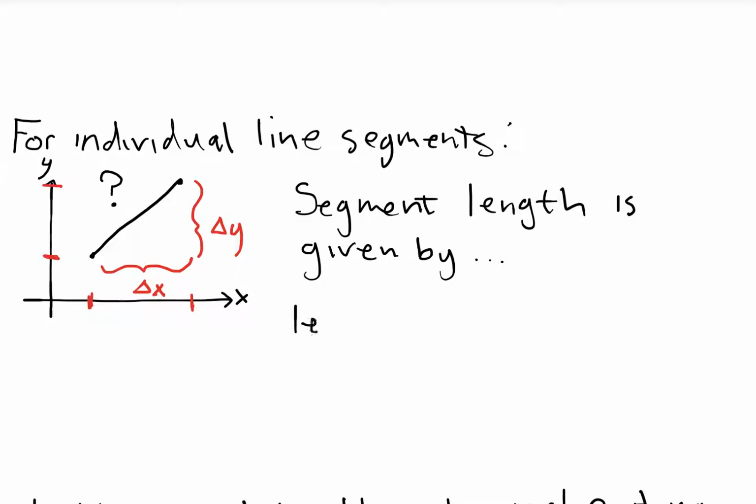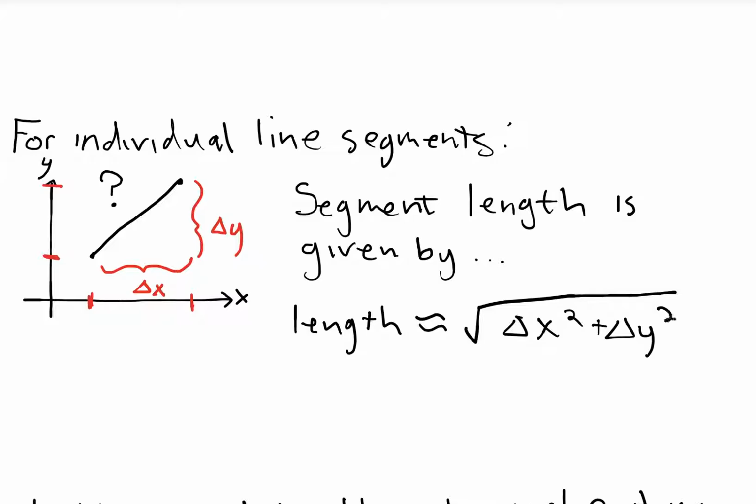So here, if I want a length, I will give a little approximation here. We want the square root of delta x quantity squared plus delta y quantity squared. Now this is the actual length of this segment as I've marked, but again, these line segments are approximations for the bits on the curve that we were initially looking at.